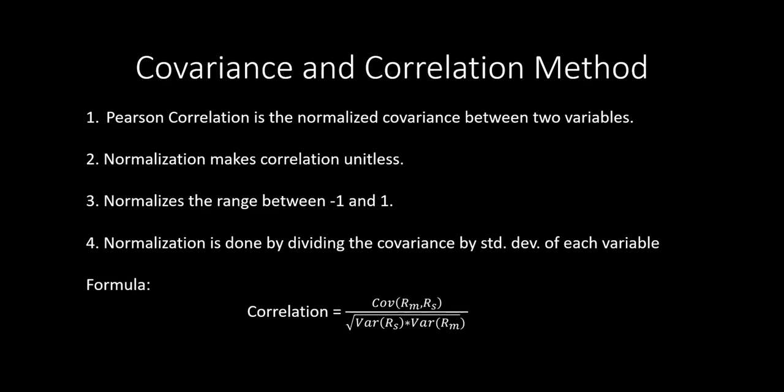The formula for correlation is given as the covariance between two variables divided by the product of the standard deviations of the two variables. Since standard deviation is the square root of the variance, I have chosen to represent the formula in terms of variance here.